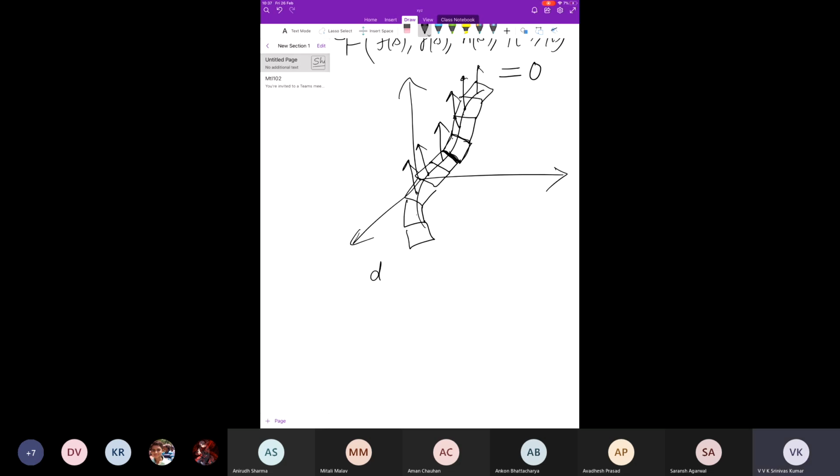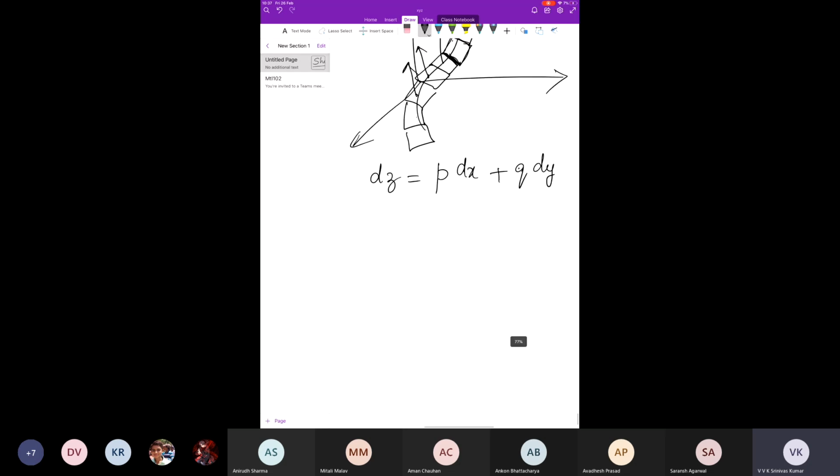The condition is that dz is equal to p dx plus q dy, the plane equation. That means dz upon dt is equal to this.